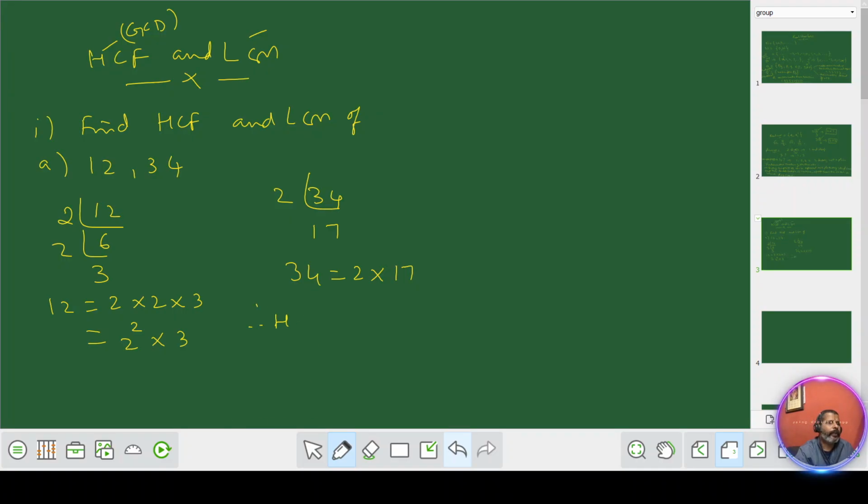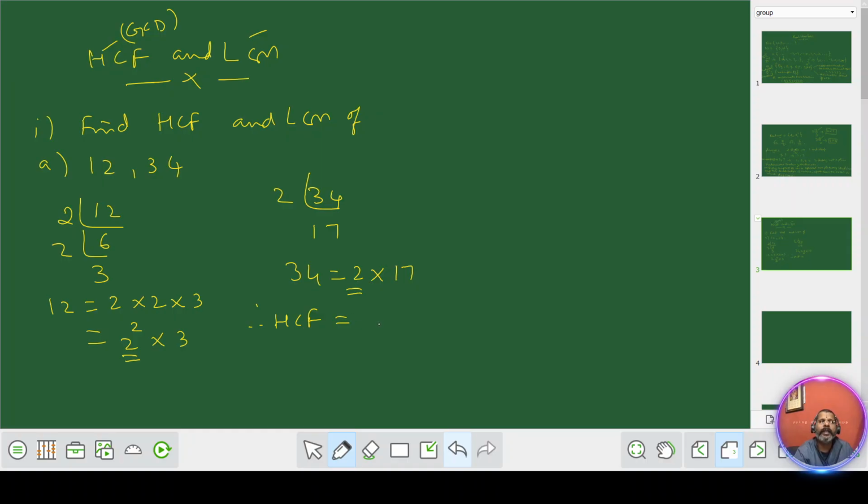Now we can find HCF. How do we get HCF for given numbers after finding the prime factors? Please remember these points. You choose only the common factors in the prime factorization of the given numbers. And among the common ones, choose the least powered factor. I'll say 2 here, 2 square and 2 are common, but 2 square is bigger than 2.